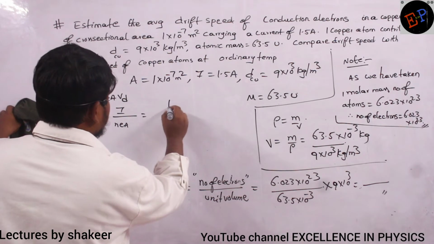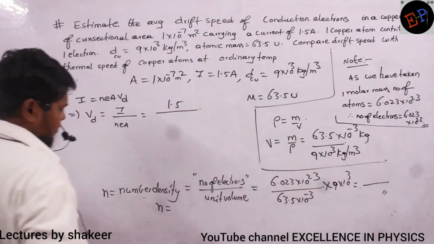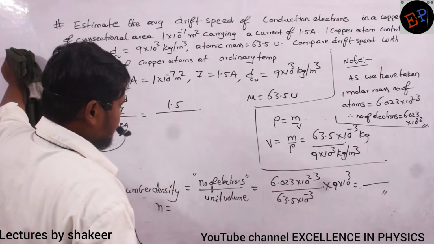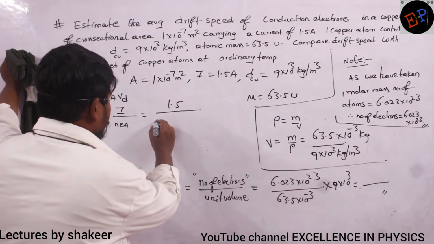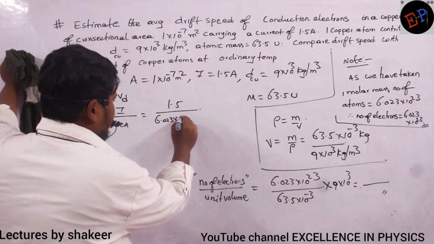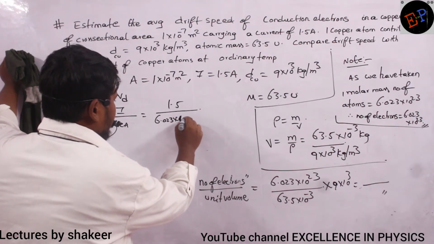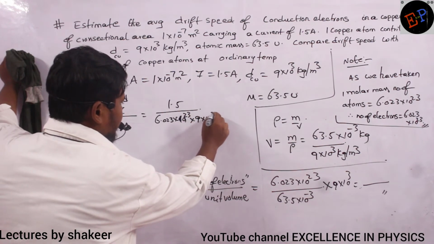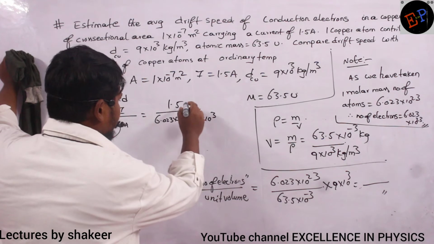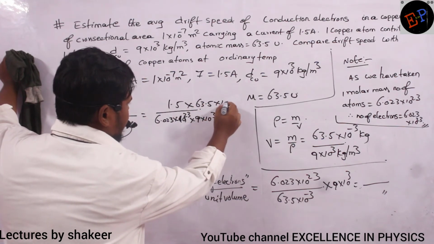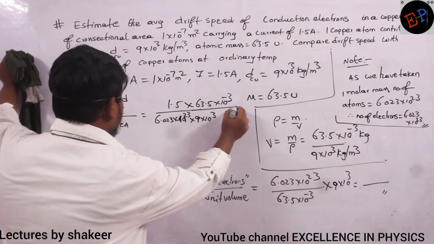Current is 1.5 divided by number density, which is 6.023 into 10 power 23 multiplied by 9 into 10 power 3, and this goes to the numerator, multiplied by 63.5 multiplied by 10 power minus 3.